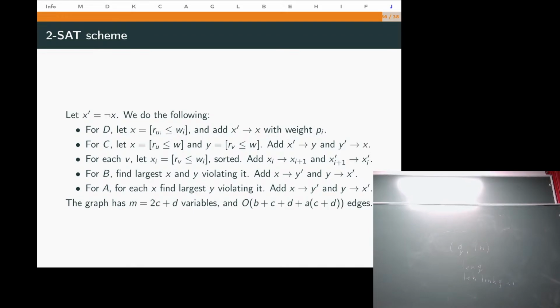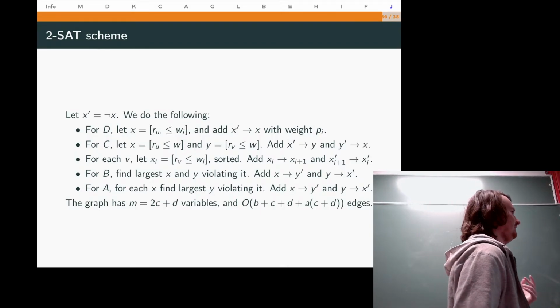But for every constraint of type A, in the worst case, we go over all constraints of the larger set, which can be up to C plus D, and we add a new edge for each of those constraints. So because of this, we have a quadratic factor here in the number of edges in our implication graph.